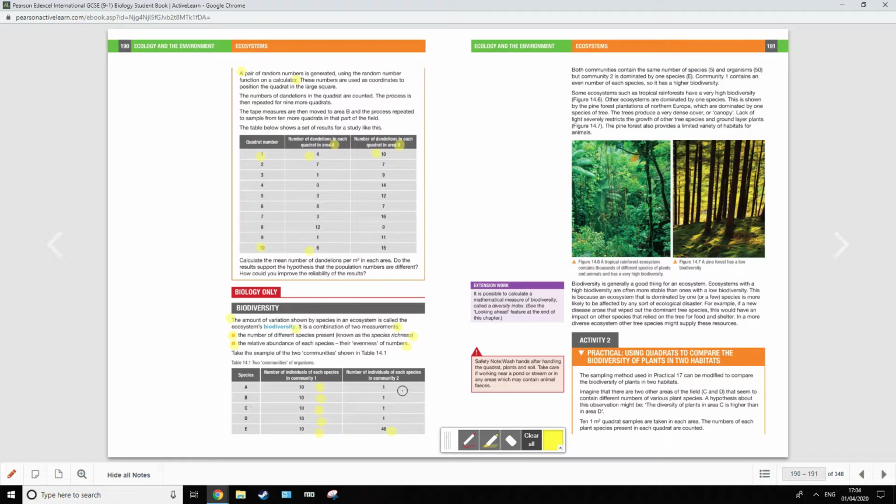In the right one, community 2, you only have a couple of the other species, but it is dominated by species E. To put this as an example, invasive species come to mind in communities like this. This might mean species E is an invasive species. It harms all the other species, and eventually will kill them off. So you have a lot more of them in here.